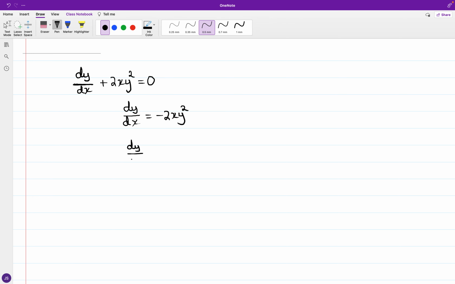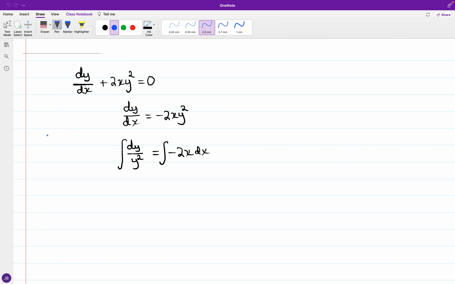So here we're going to have dy over y squared equals negative 2x dx. And upon separating, we can integrate.